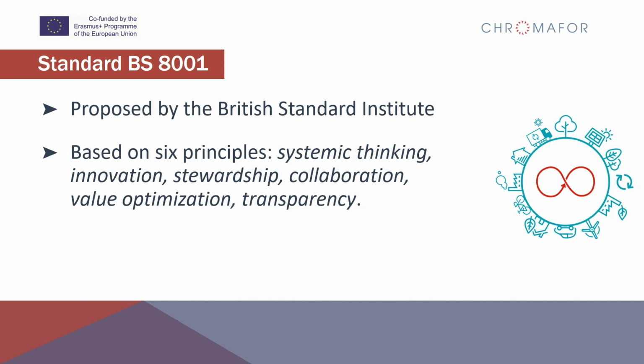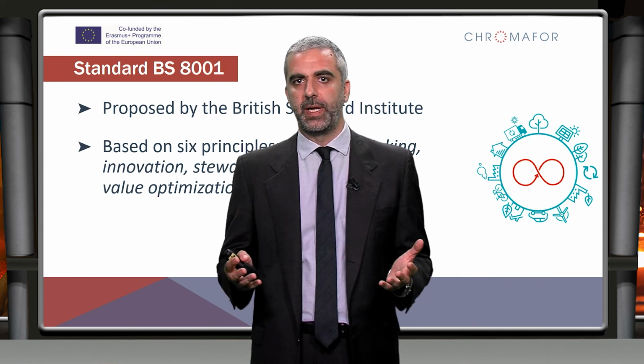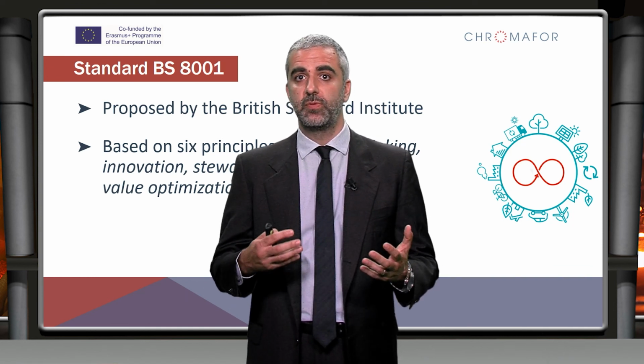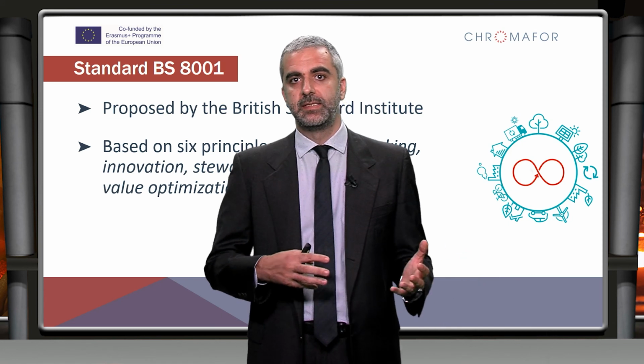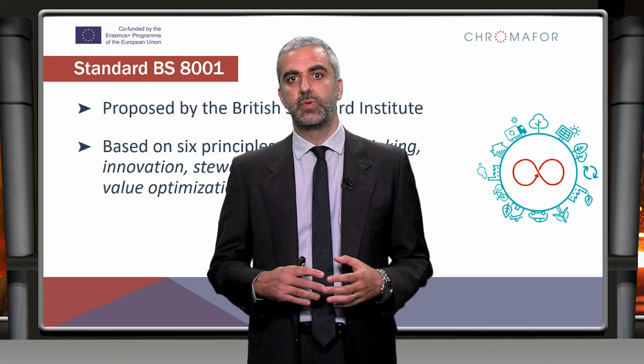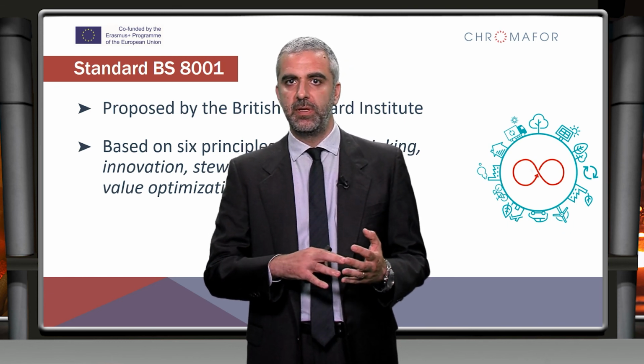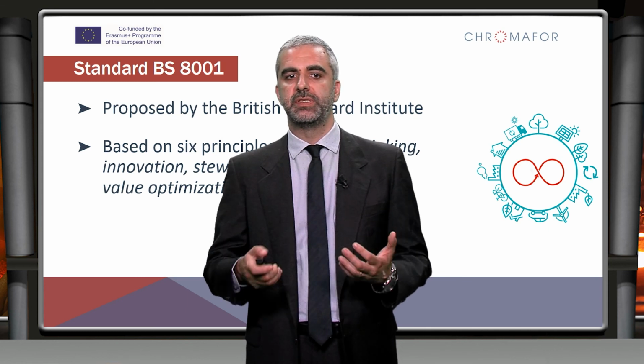According to the authors of the standard, these 6 principles should exist in each company, or at least in each company that wants to implement circular economy processes. And the standard works to allow measuring the level of these principles and provides guidelines to improve them.